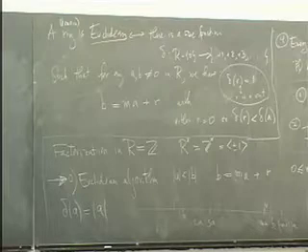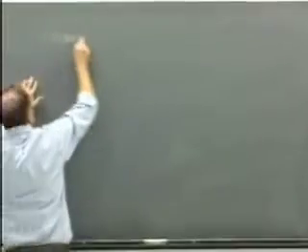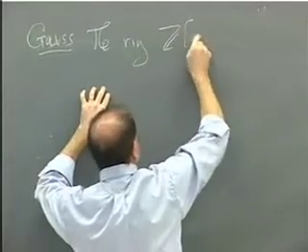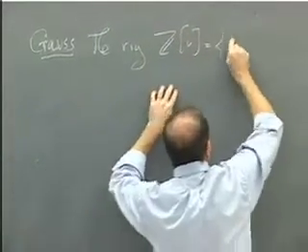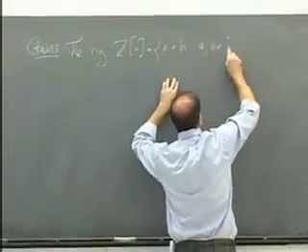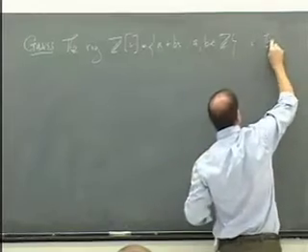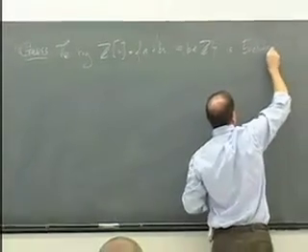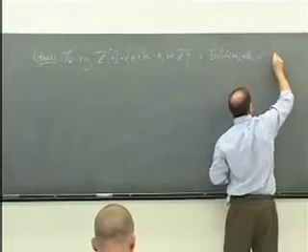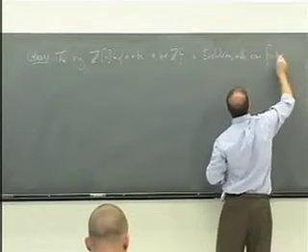Gauss. The ring of Gaussian integers is Euclidean with size function the absolute value.